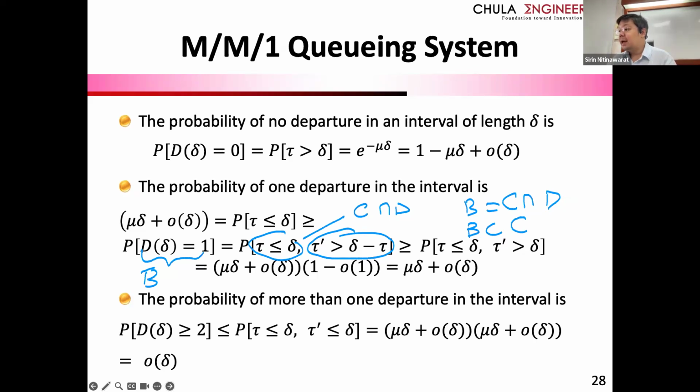So in terms of probability of B, sorry, probability of B has to be less than probability of C, right? Probability of C is the upper bound here. This is probability of C intersect D, which is also B, as we already explained.